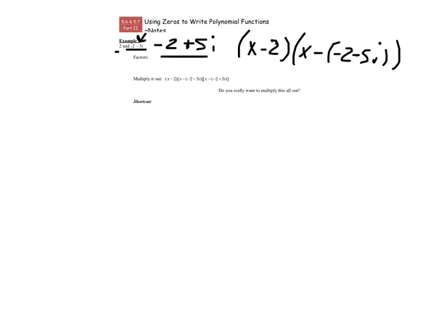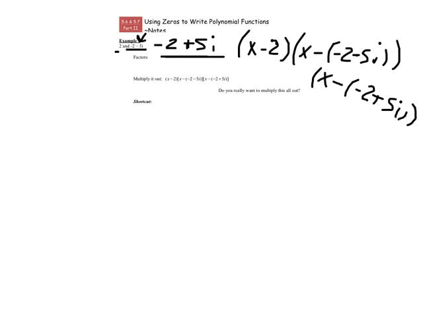If we start with the 2, then we have x minus 2, switch the sign. Then our second factor is x minus a -2 minus 5i. And then our third factor is x minus a -2 plus 5i.